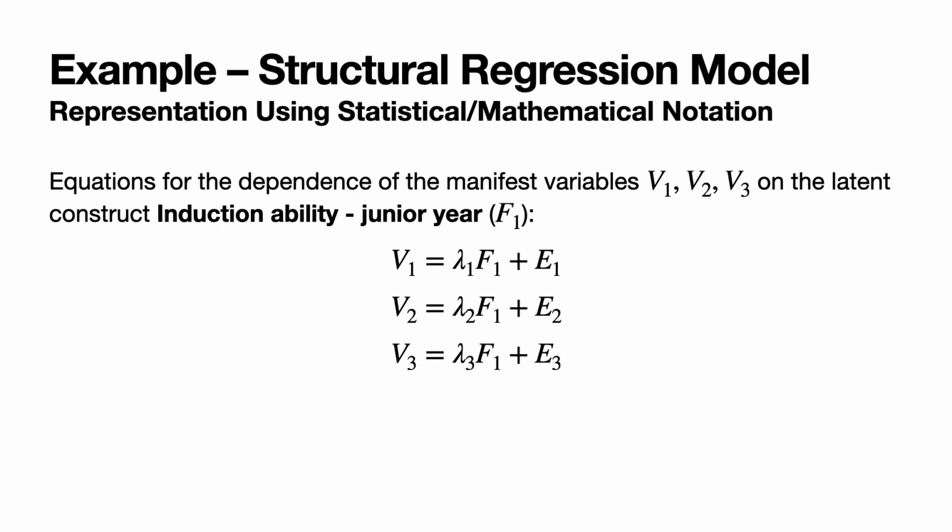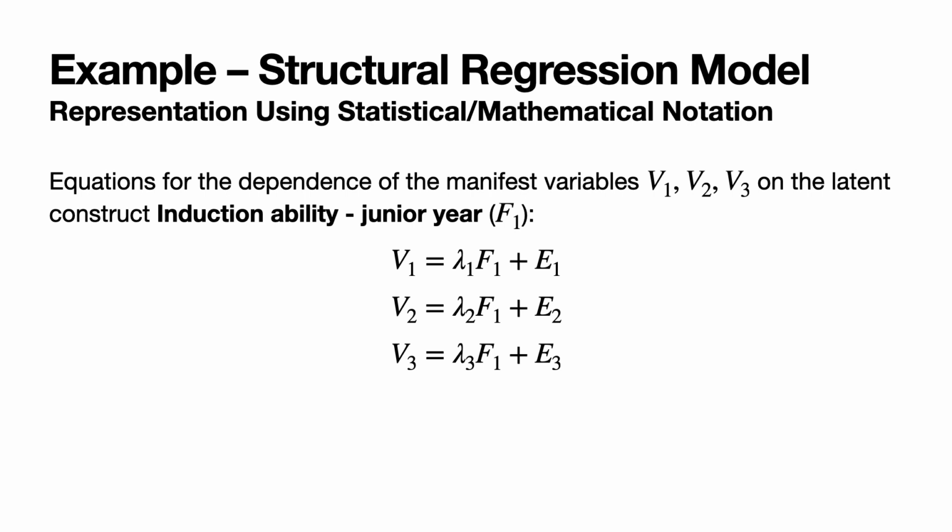So V1 is related to F1 through the regression equation V1, again, which is the induction score 1 during the junior year, being equal to lambda 1 times F1, which is this induction ability junior year latent construct, plus an error term denoted by E1.